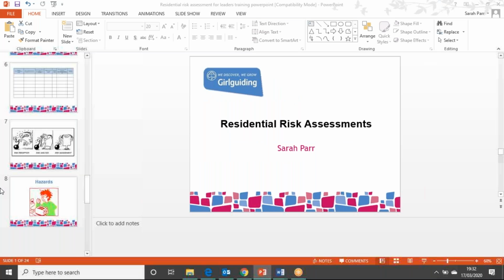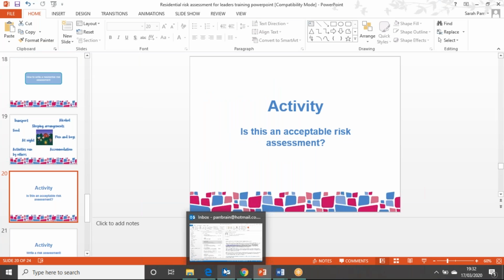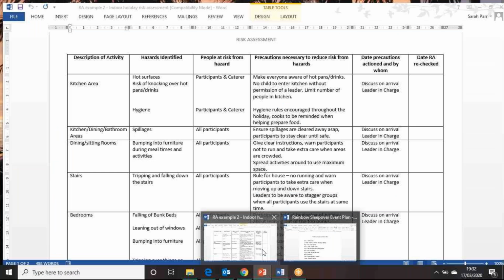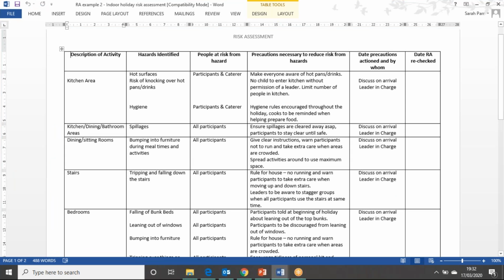Right, so hopefully I'm going to show you. Here's a risk assessment that I came across quite recently for a Brownie sleepover.